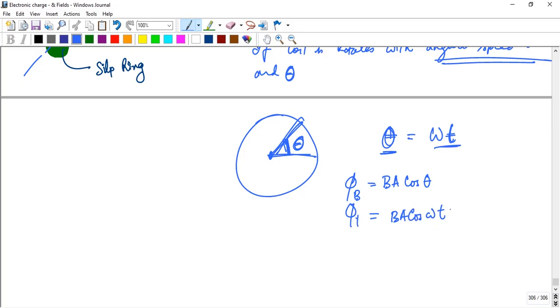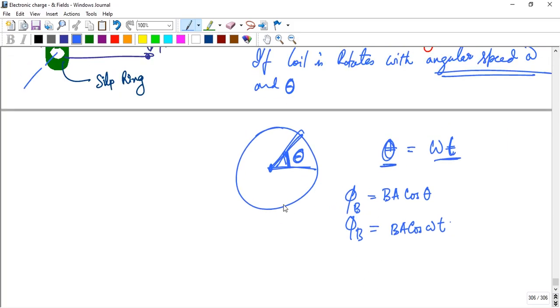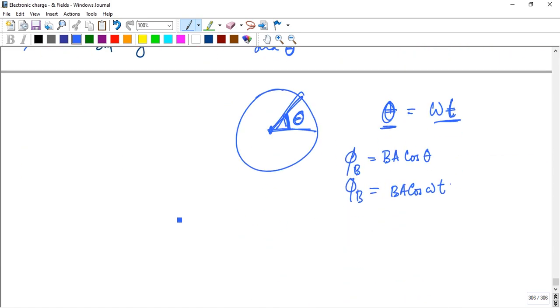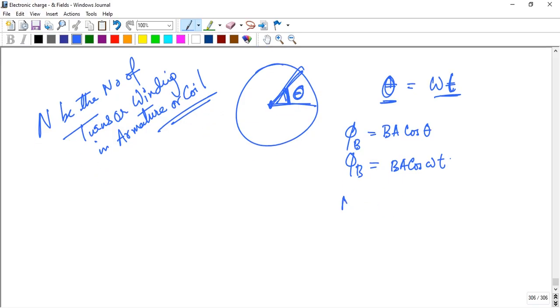Now if I multiply both sides by N, the number of turns or windings in the armature or coil, we get N phi B equals NBA cos omega t.